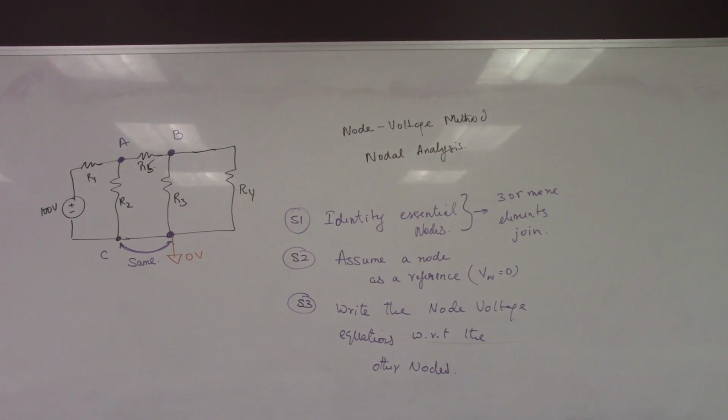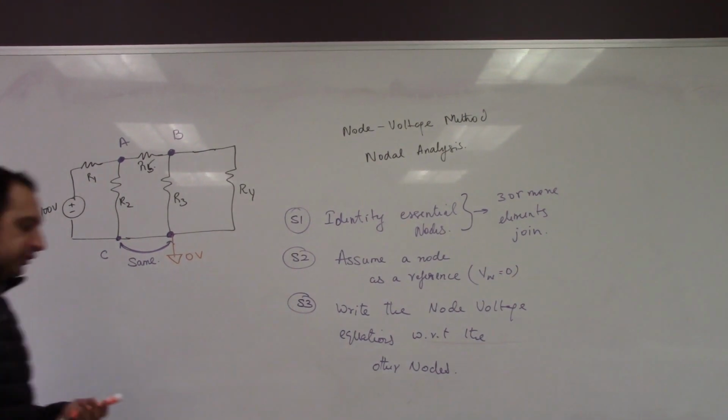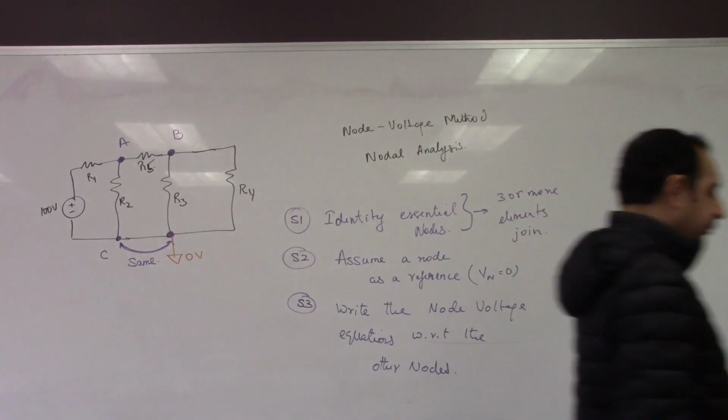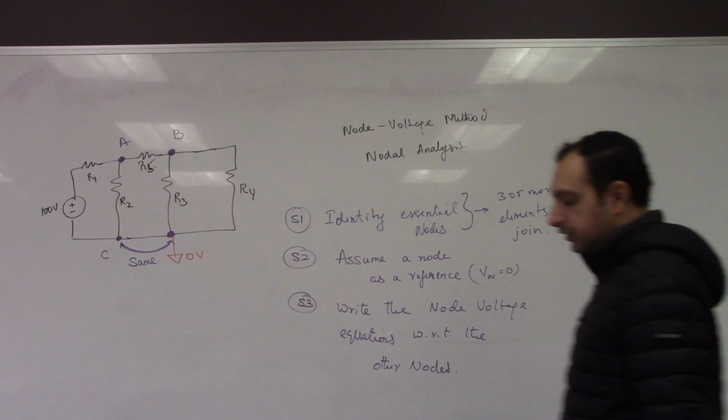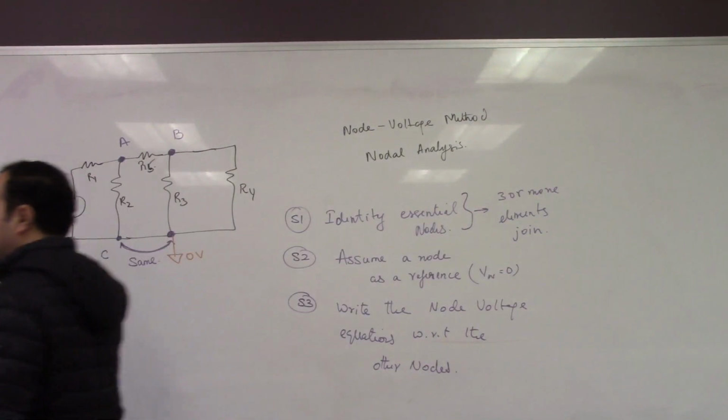First, identify essential nodes. Mark one node as being a ground. Typically we take it as the bottom node, which runs across the circuit. And finally, we'll write the expressions.